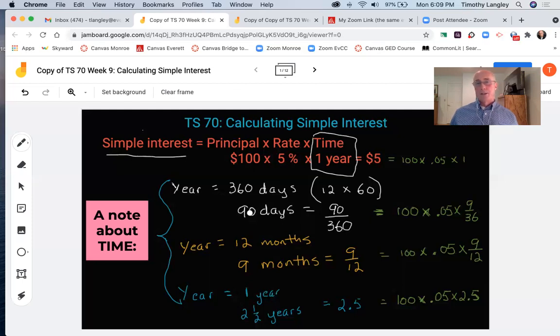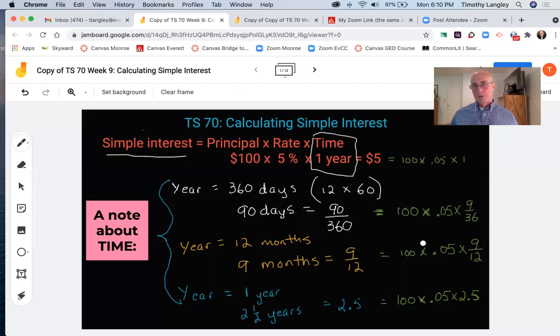So for instance, if it was a 90-day loan, $100 times 0.05, I would take that 90, see, that's less than a year. It's actually 3 months. And I could express it as a fraction, 90 days over 360 days. Okay, 90 out of 360. This 360 is one whole year. By turning it into a fraction of days, you have days and days here, then I can plug it into my formula.